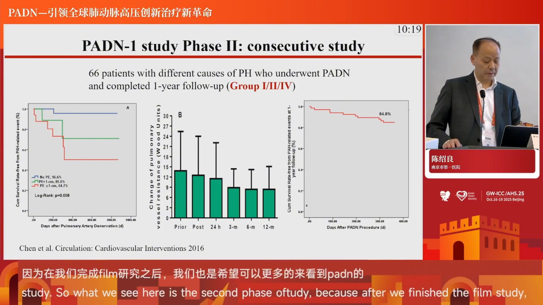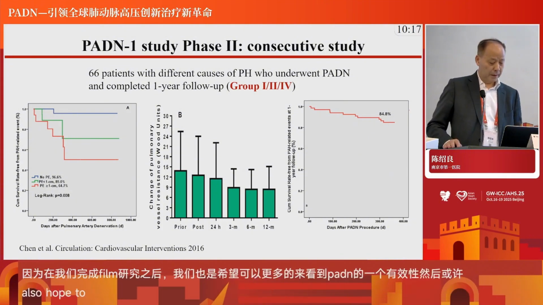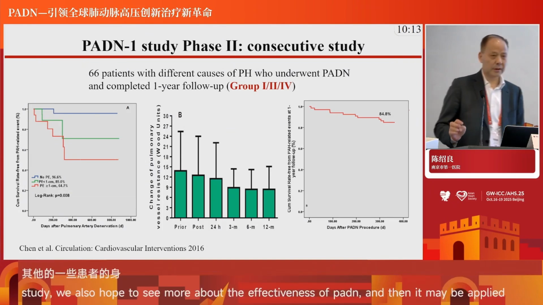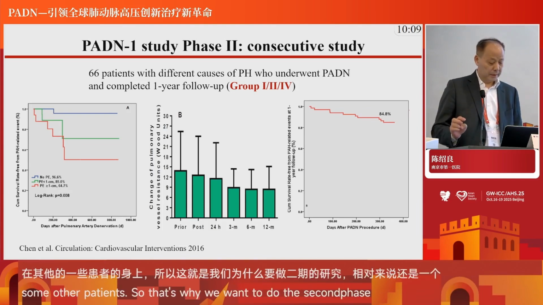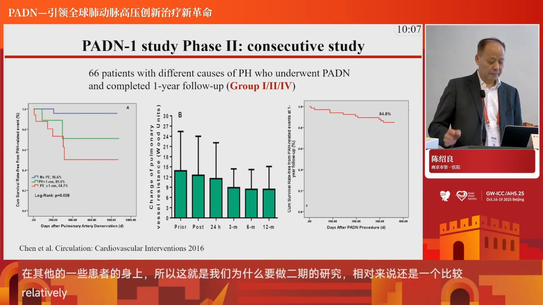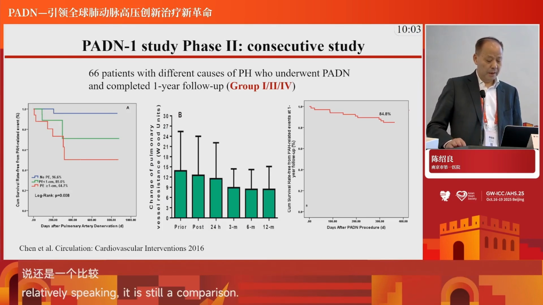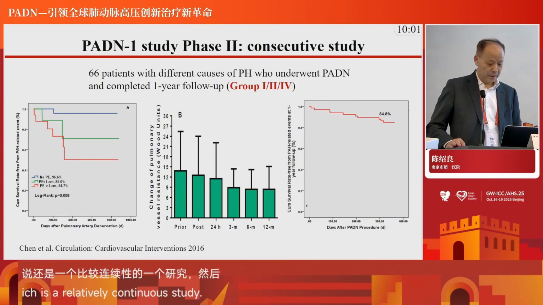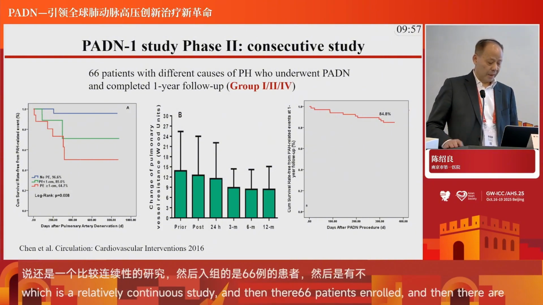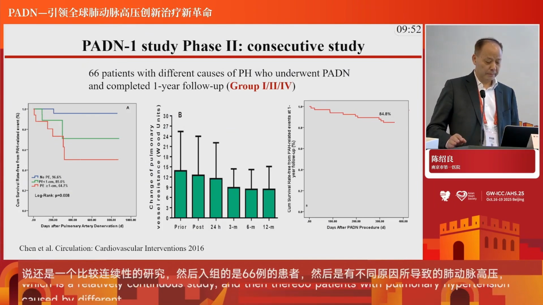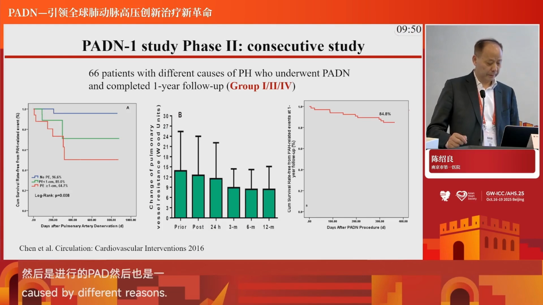In this study, we followed 66 patients with different causes of pulmonary hypertension after pulmonary denervation and completed 1 year follow-up. The components of pulmonary hypertension included groups 1, 2, and 4. It is a pilot study, but includes most patients with different etiologies of pulmonary hypertension.